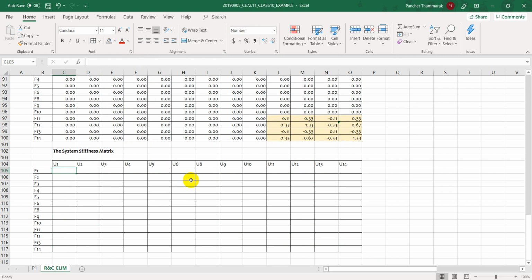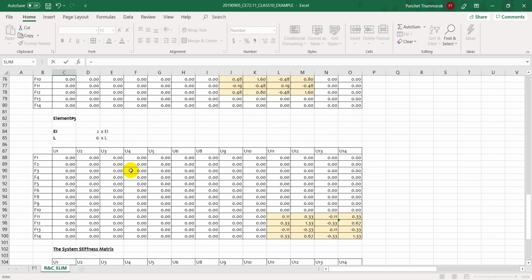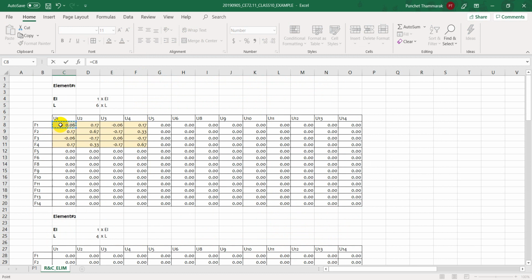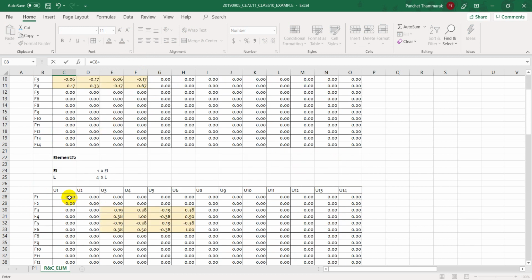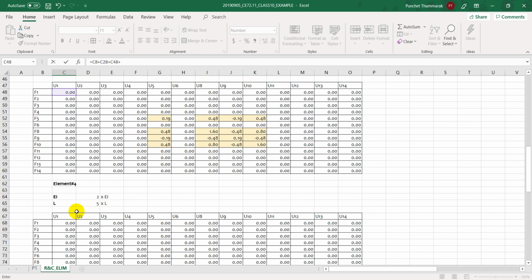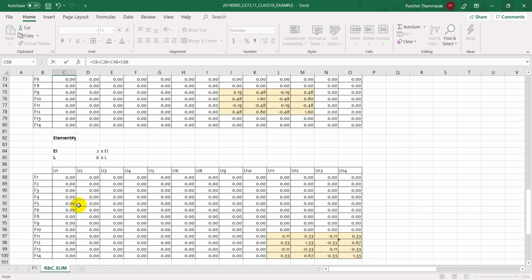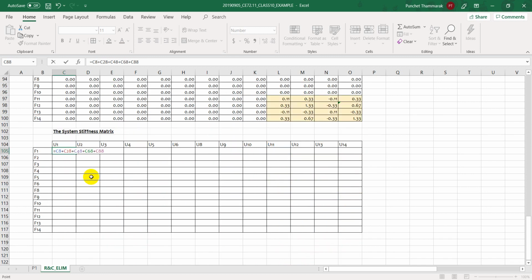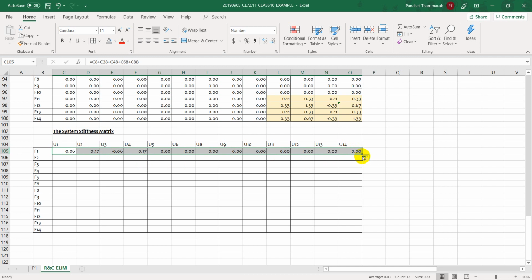So to assemble the global stiffness matrix, it is just this one add up with this one, add up with this one, add up with this one, and this one. We assemble the matrix by adding all entries at the same coordinates, right? Same row, same column. We add all of them up. You get this. And then we conduct the same operation.